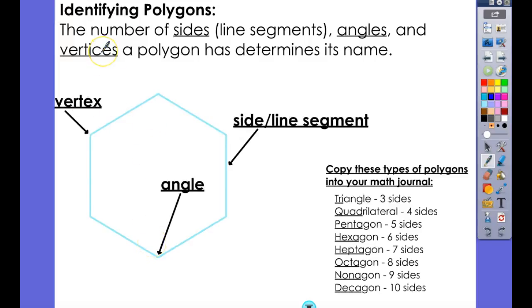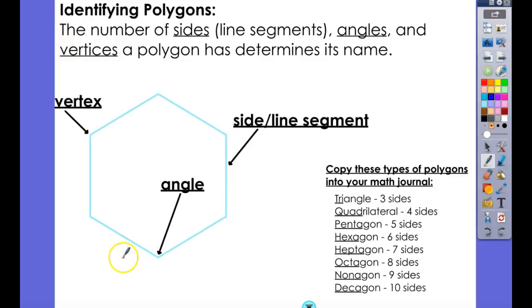Next, we have vertices. Vertices are where the two line segments come together. And actually, the reason this says vertex is the singular form of vertices. So right here, what it's pointing to, that is one vertex. And then when we look at all the vertices, they're all around the corners.